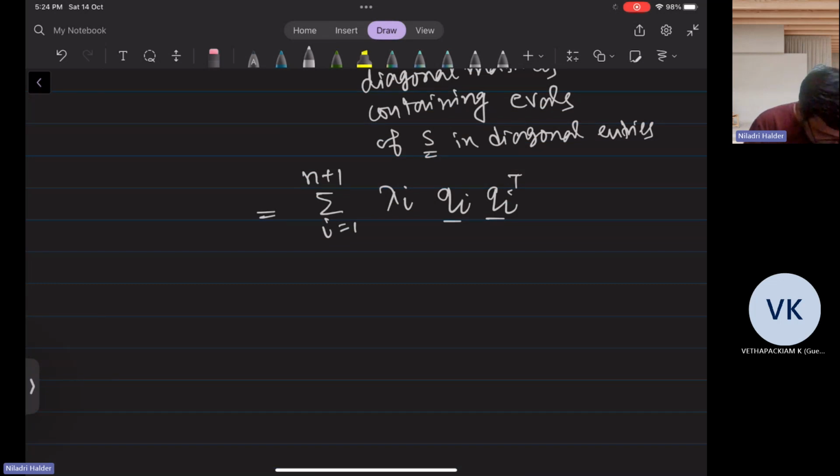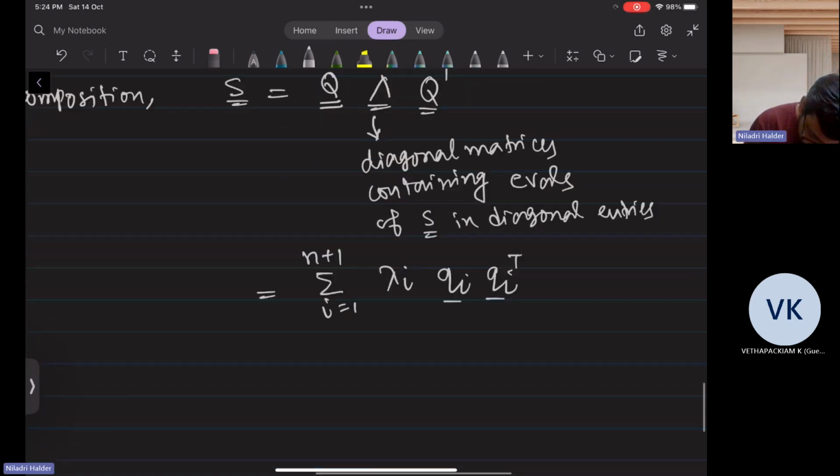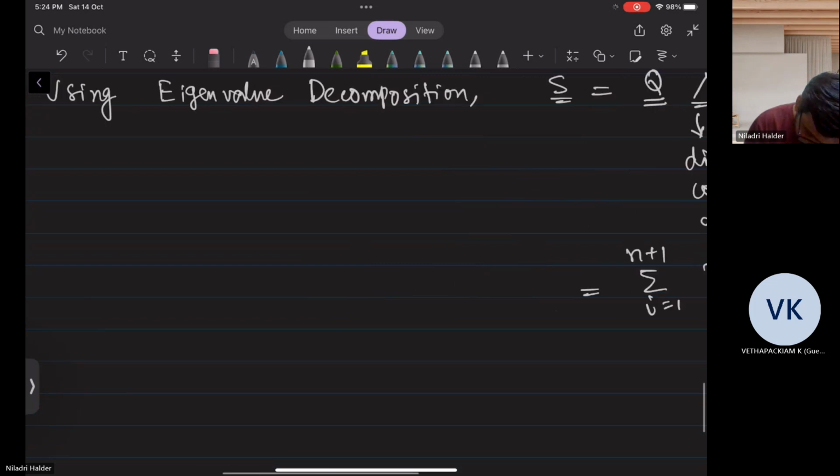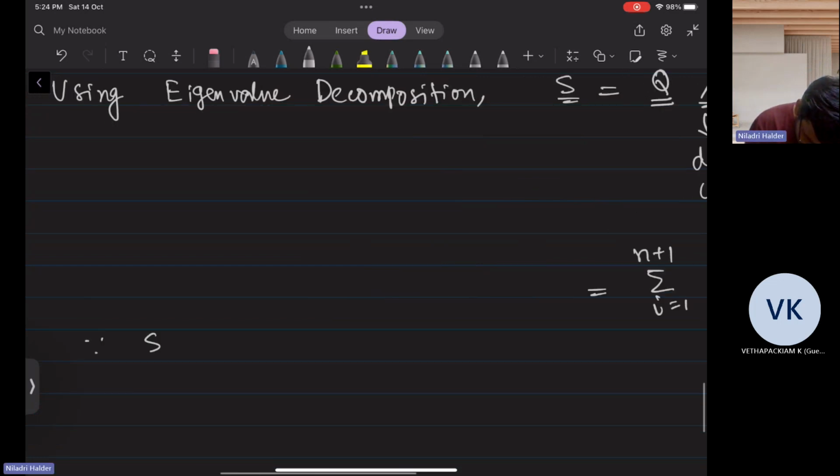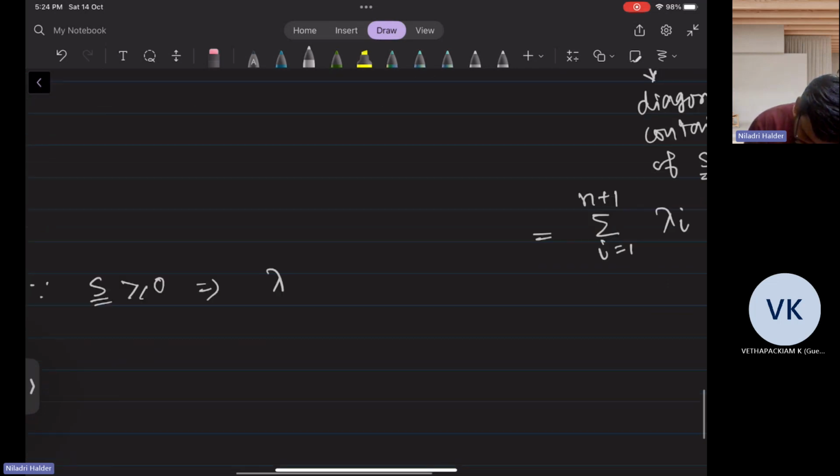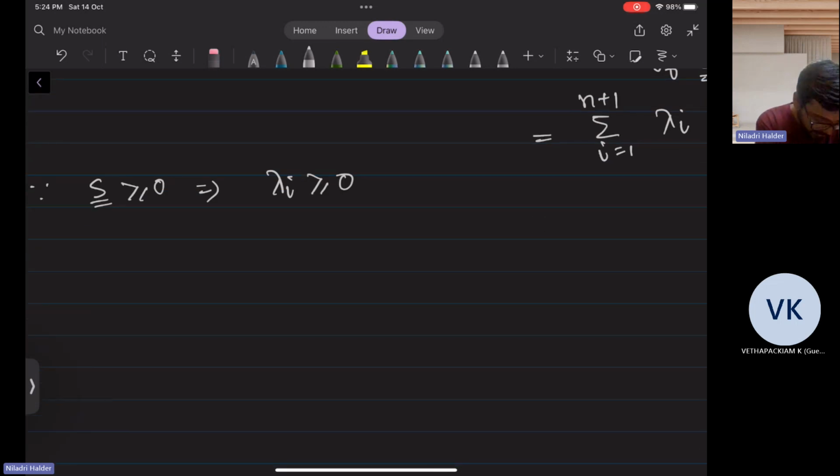Okay, so now as S is greater than or equal to 0, this lambda is also greater than or equal to 0, according to the definition of the positive semi-definite matrix.